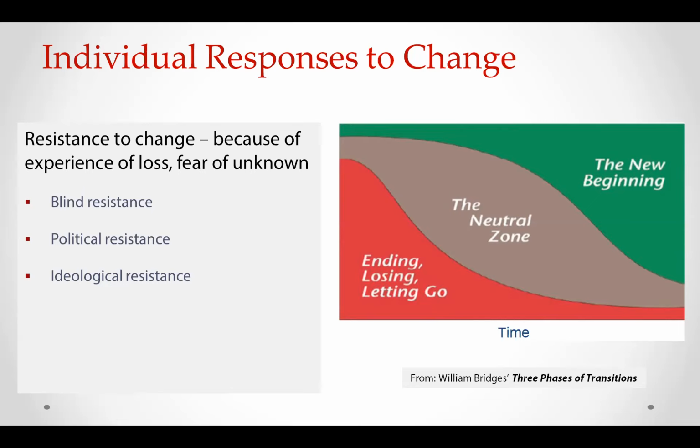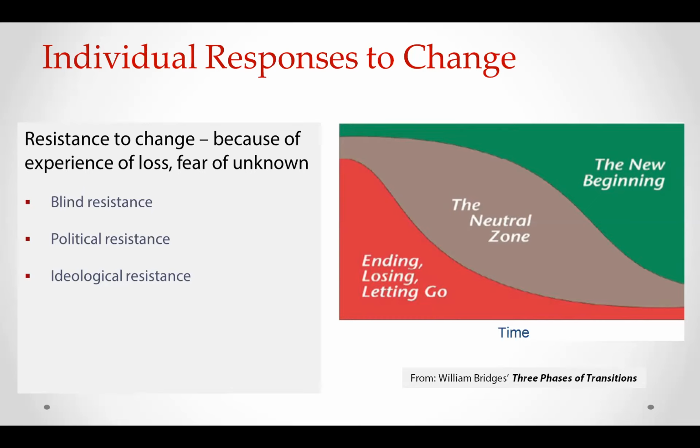So the three phases are: the first phase where you're ending the current state, you're letting go of your old behaviors, you move to a stage where you're learning the new behaviors, you're practicing them.